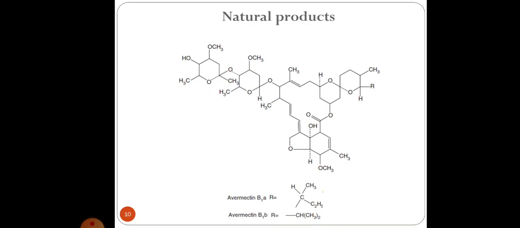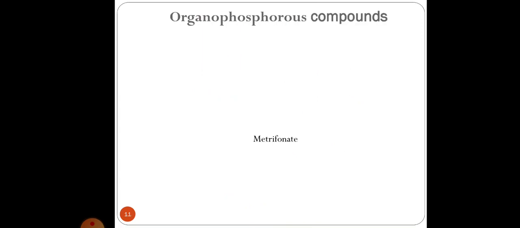Based on the difference in the R substitution in the parent structure, they exist as ivermectin B1A and ivermectin B1B. The next class is organophosphorus compounds. Example includes metrifonate. This is the structure for metrifonate.